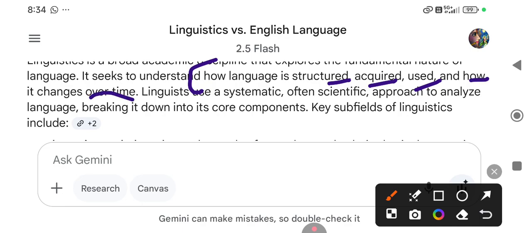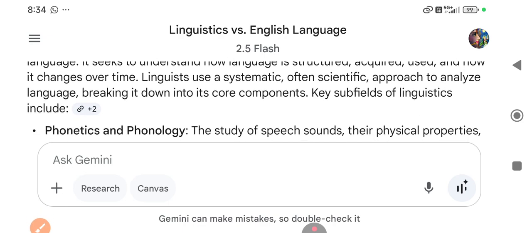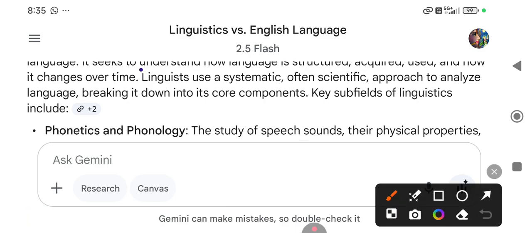Language is not fixed. Language is a matter of flux. It keeps on changing. So that's linguistics. Linguistics uses a systematic, often scientific approach to analyze language. We use linguistics, which is very systematic and scientific, of course.